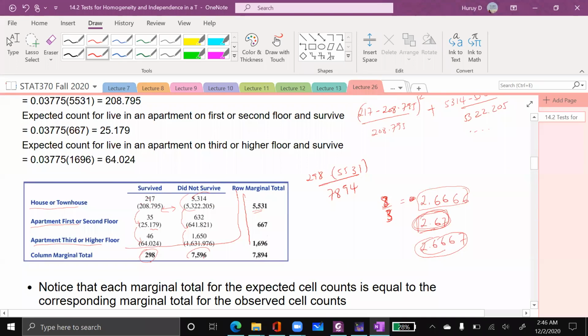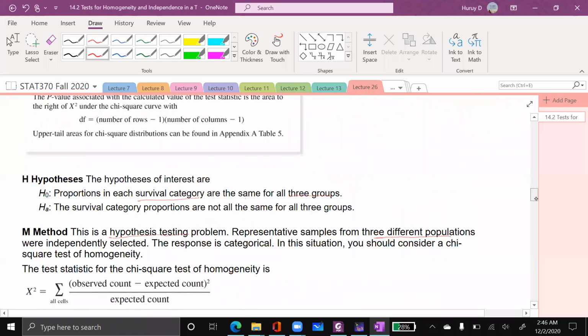As you can see here, for example, the difference between 35 and the expected 25 is kind of far. Between 46 and 64 is kind of far, but we don't know how significant this difference is. So we found the test to be consistent with what we saw here.